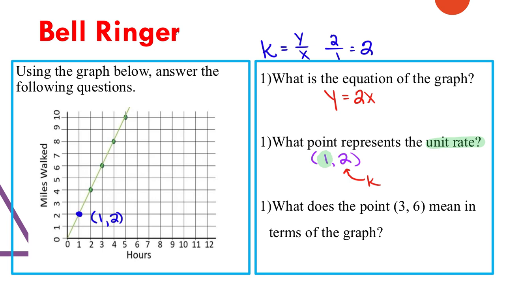I said that in 3 hours you would walk 6 miles. Very good. In 3 hours, you could walk 6 miles. Tristan? I did 3 hours per 6 miles. That works too. The key is to make sure that in our explanation, the 3 is referencing the hours and the 6 is referencing the miles.